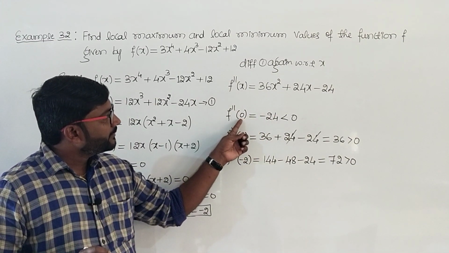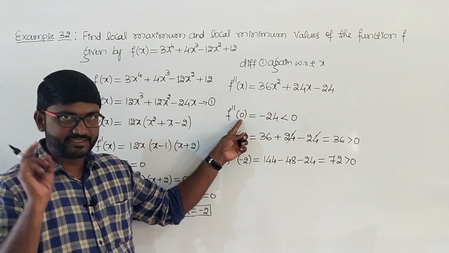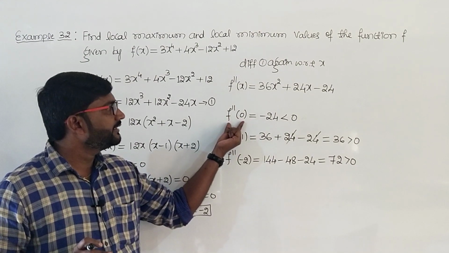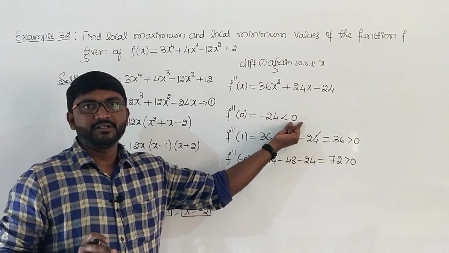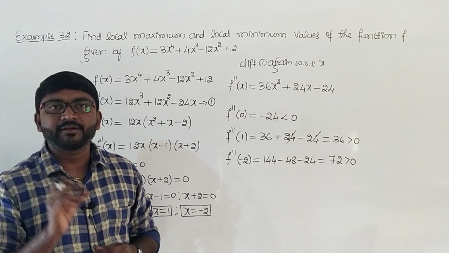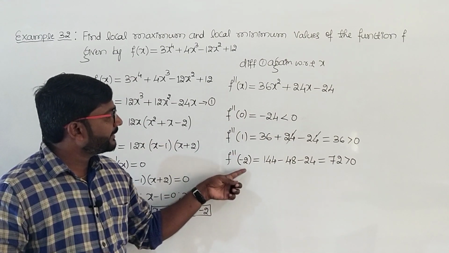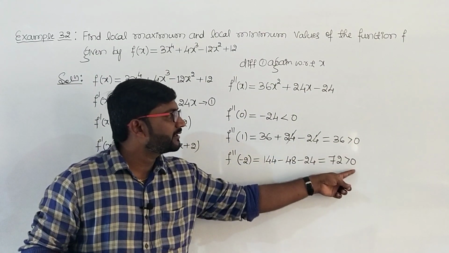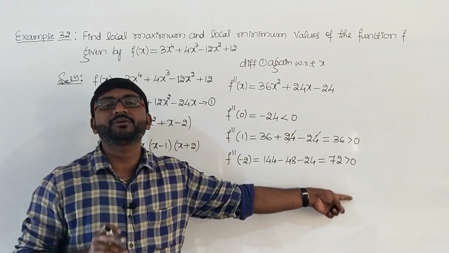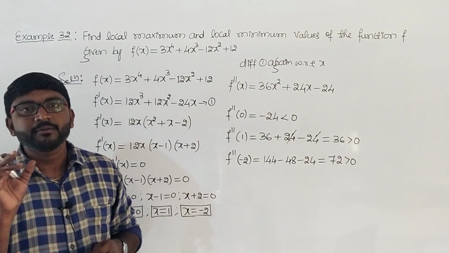So now see here, this is going to be a point of local maxima, because f double dash of c is less than 0 here. So x equal to 0 is a point of local maxima. And observe these two cases, at 1 and at minus 2, f double dash of c is greater than 0. If it is greater than 0, then it has to be local minima.